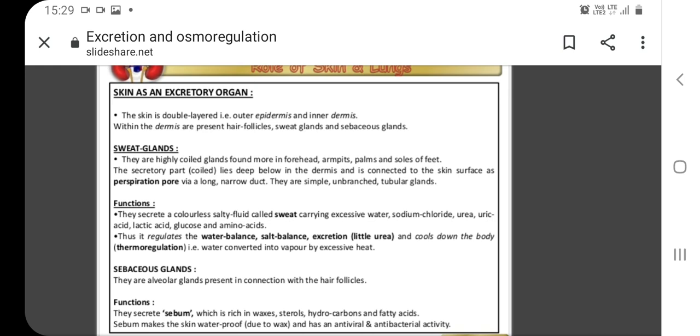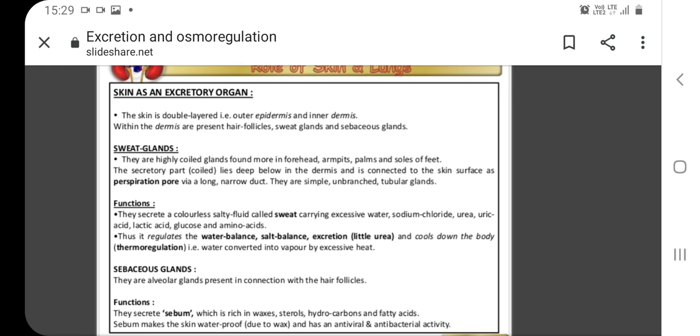The secretory part is the coiled part and it lies deep below in the dermis and is connected to the skin surface as the perspiration pours via a long narrow duct. They are simple unbranched tubular gland. They function to secrete a colorless salty fluid called sweat carrying excessive water, sodium chloride, urea, uric acid, lactic acid, glucose, and amino salt.